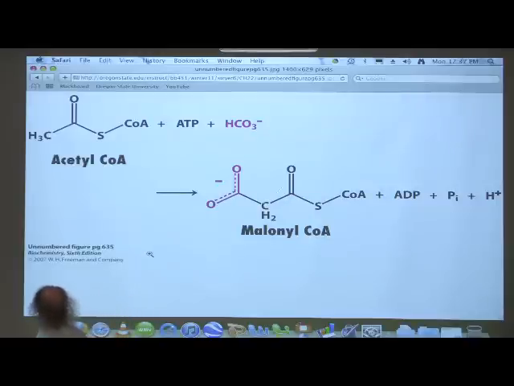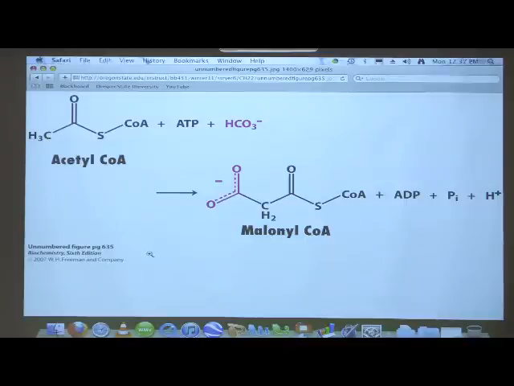This reaction that you see on the screen is catalyzed by the only regulated enzyme in fatty acid synthesis. It's called acetyl-CoA carboxylase. And no, we won't have a different name for that.